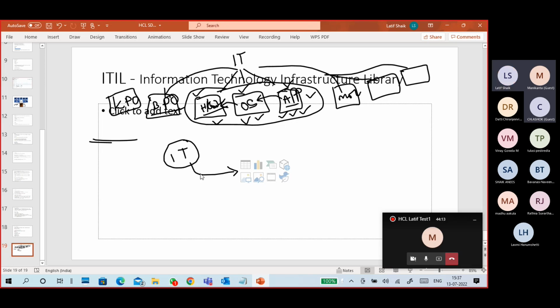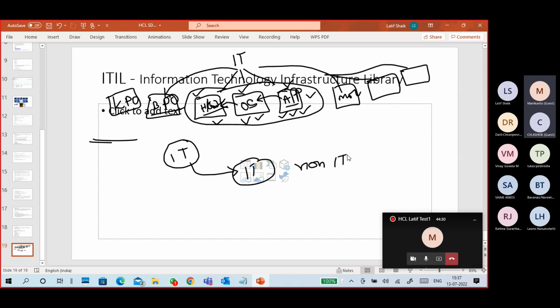So the IT industry provides different types of services, to whom? For IT and non-IT industries, both. So IT businesses provide services.